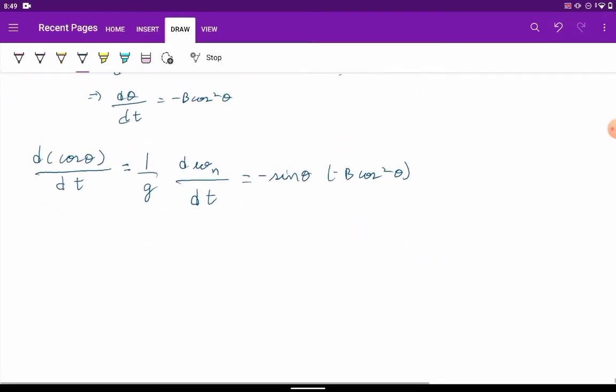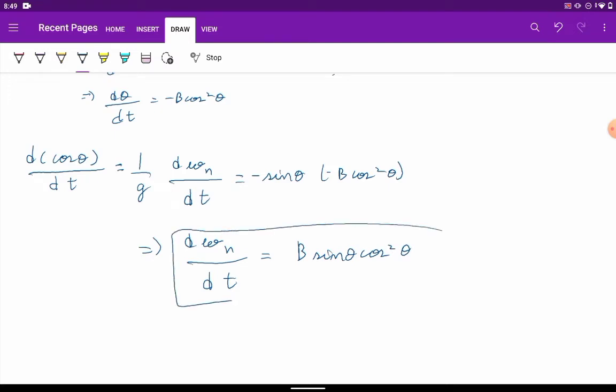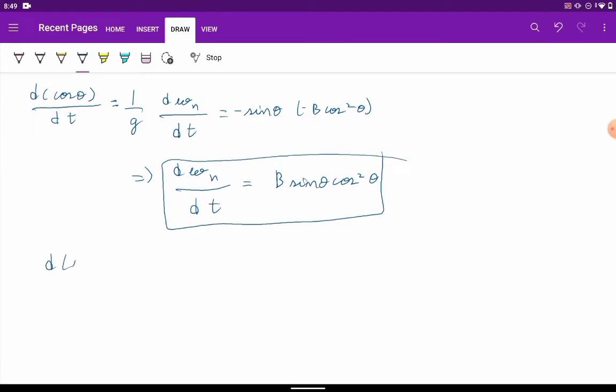So from here, dwn by dt is equal to B sin theta cos square theta. Similarly, d sin theta by dt is equal to 1 by g times dw tau by dt.